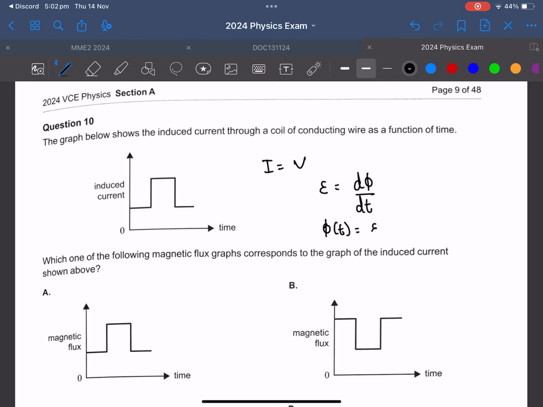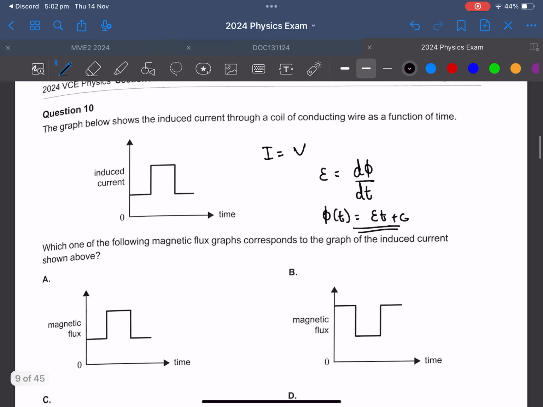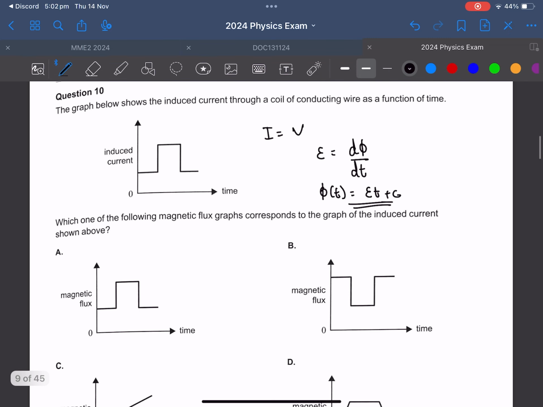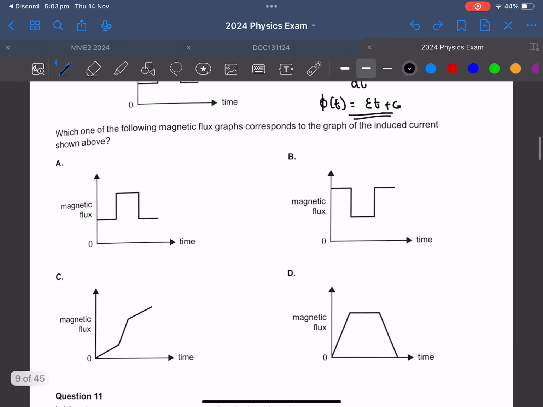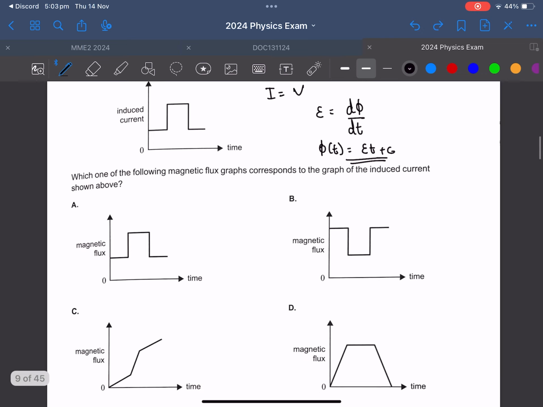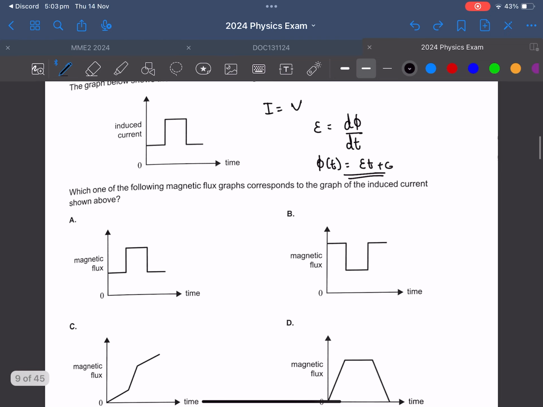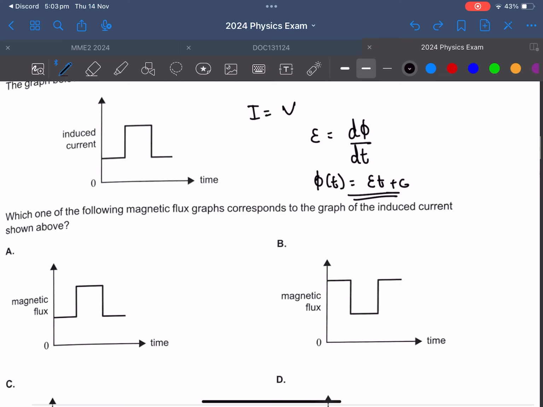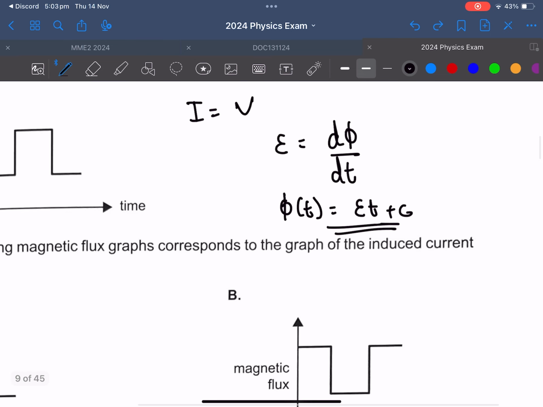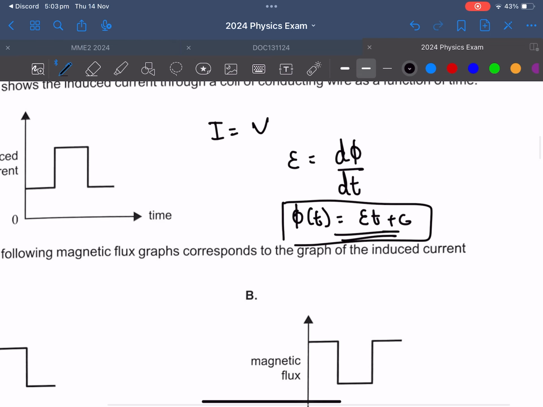So we'll have Et plus C. Usually there's a negative, so this would indeed be negative, but it's a bit weird because none of the options actually look like they involve a negative. Anyway, now we have an equation to determine the flux when induced current is given.